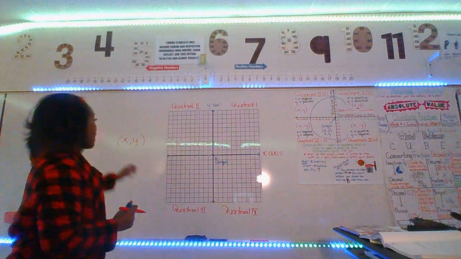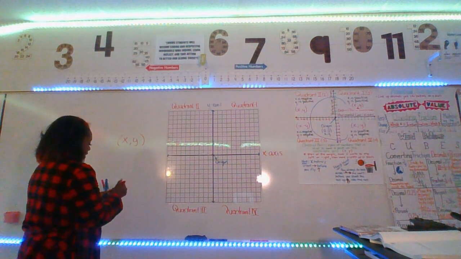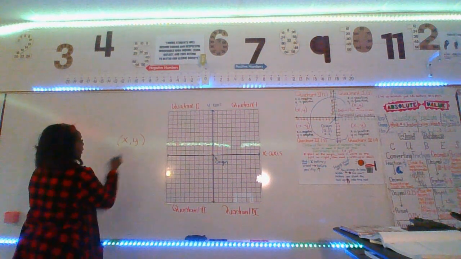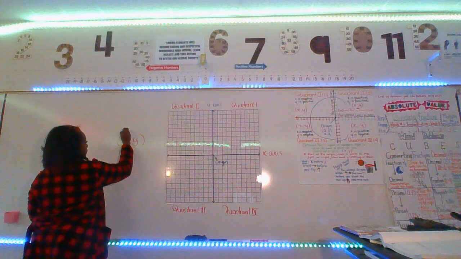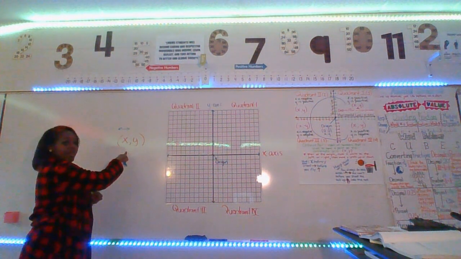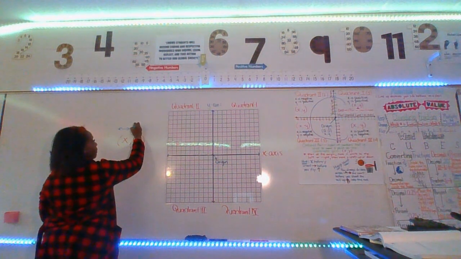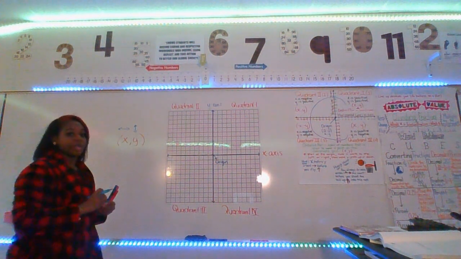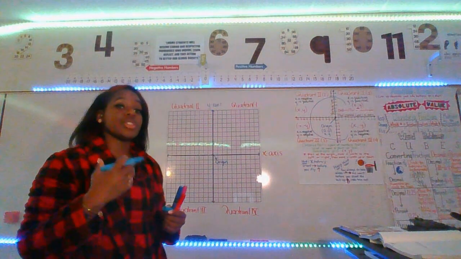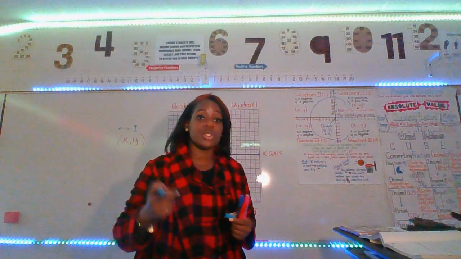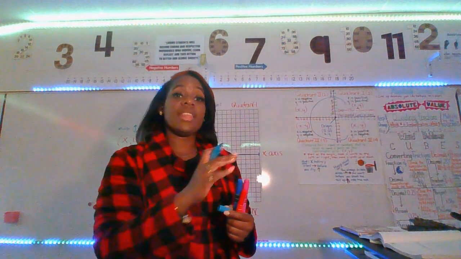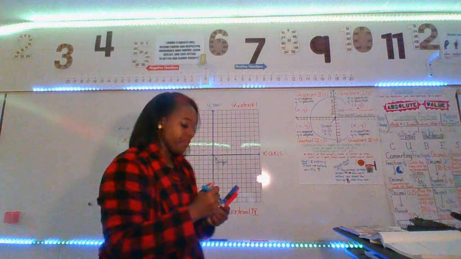So you have to walk in the X direction. So you walk left to right. This first number is going to be left to right, and then the second number is going to be up or down. Order matters when you're dealing with ordered pairs. You have to stay true to the order in the direction that you're going. It has to be X, then Y, okay?